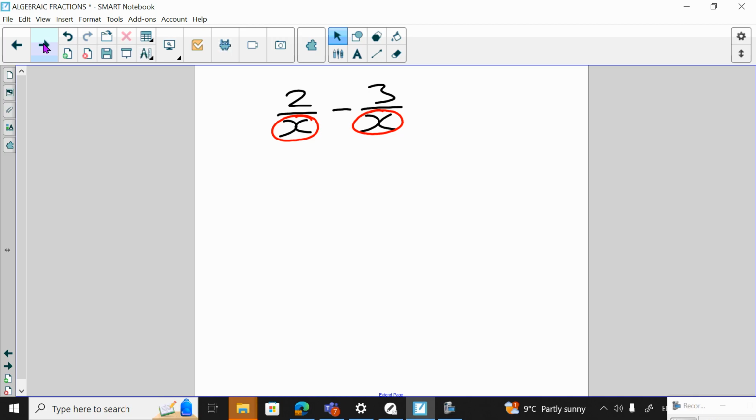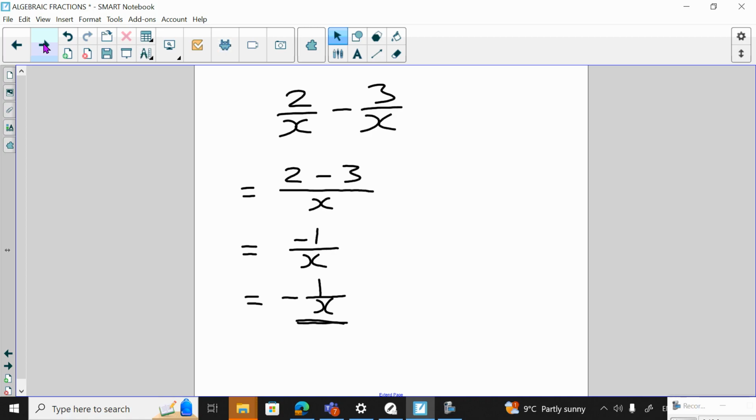They are both the same. So I just said 2 take away 3 over x. It's negative 1 over x. But I took that negative out the front because it's overall negative 1 over x. Bang!